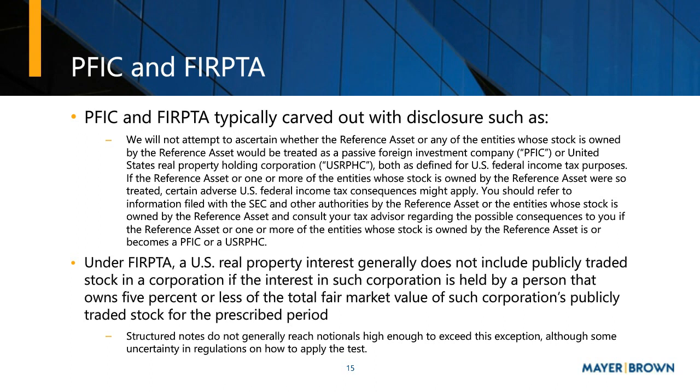There's a 5% test, essentially, and so if a FIRPTA underlying is identified, you can take a look at the notional amounts of the note and what foreign investors might be purchasing to determine how we fare under that 5% test.